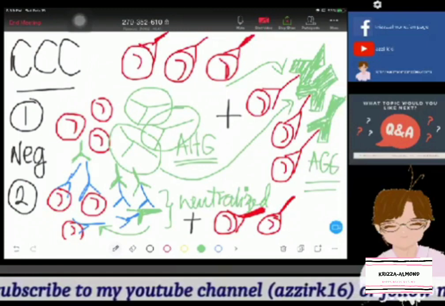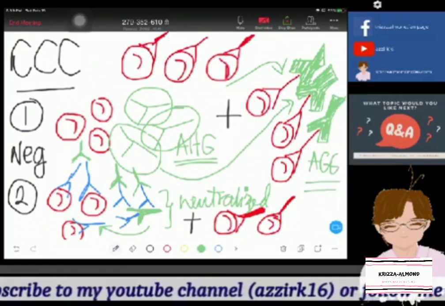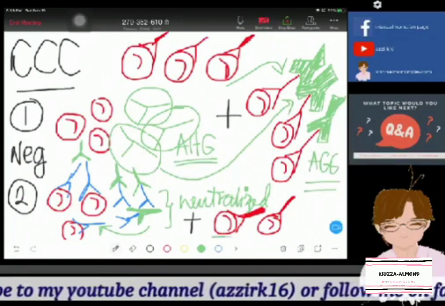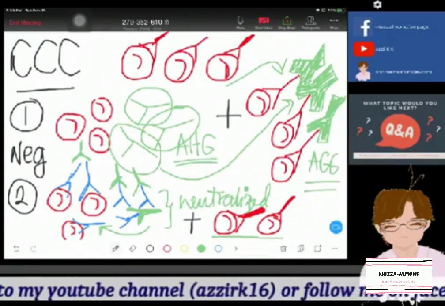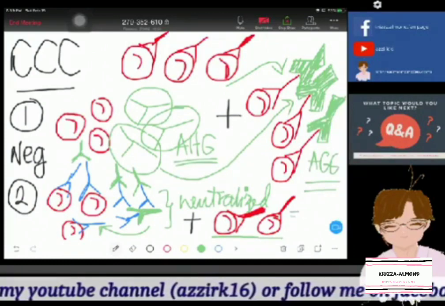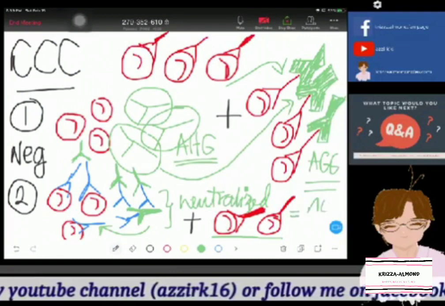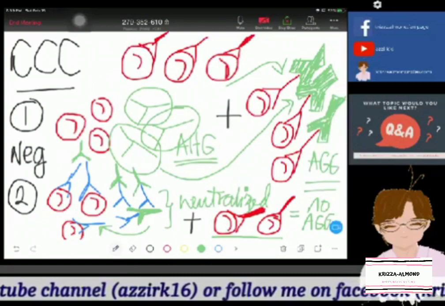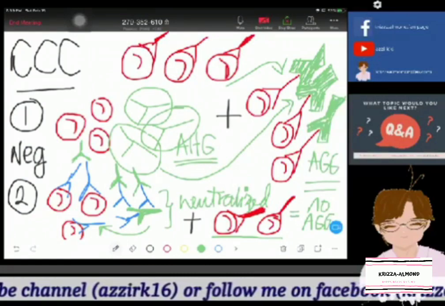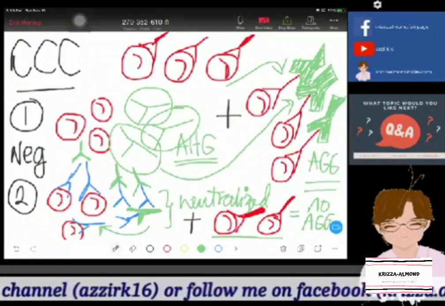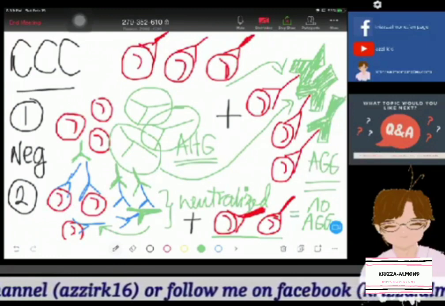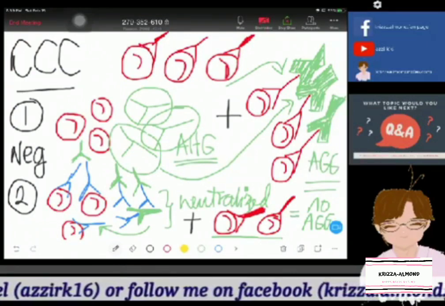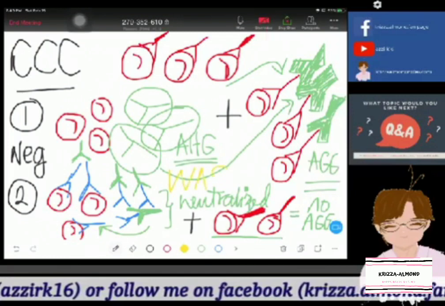Pero since itong mga AHG na to ay occupied na, nagamit na, wala nang magbabind sa mga Coombs check cells mo. So, they will remain not agglutinated. If after addition of Coombs check cells, wala kang agglutination, that means you have an error in your procedure. And what error are we referring to? The error of omitting the wash step.